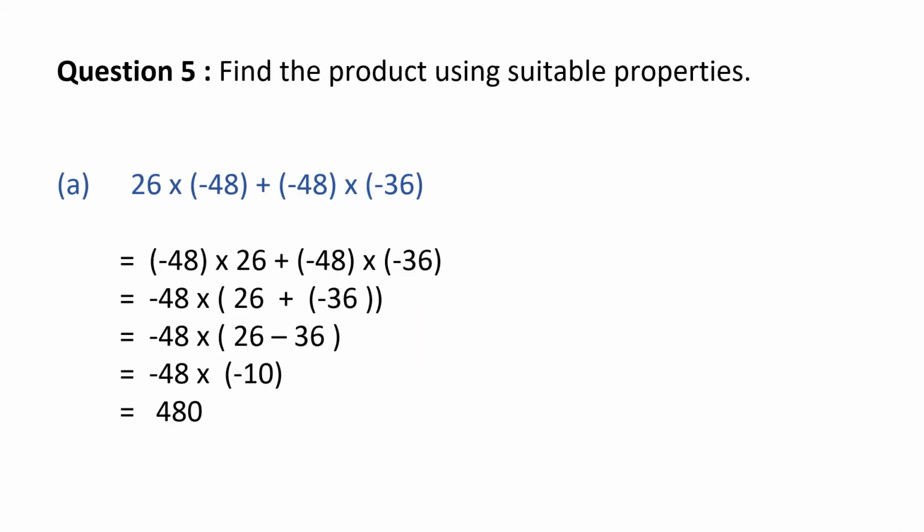Now you can see 26 into minus 48 plus minus 48 into minus 36 can be written as follows. First I bring minus 48 to this side and minus 48 to this side, so that it becomes easier, right? So I write 26 into minus 48 as minus 48 into 26, no problem for reversing, because of the commutative property. After that, I take minus 48 outside and write 26 plus minus 36.